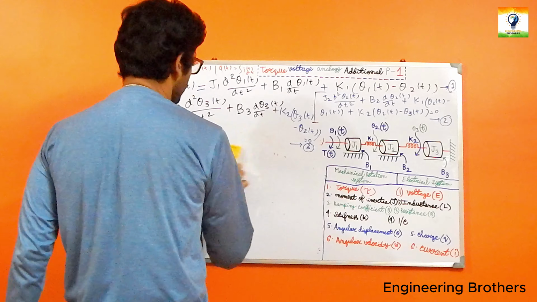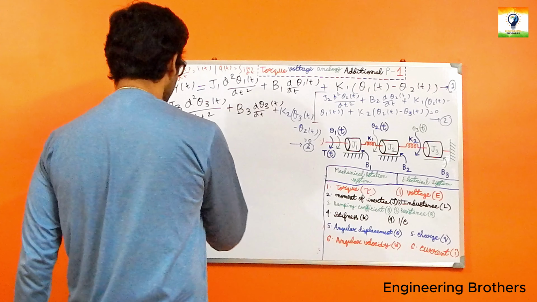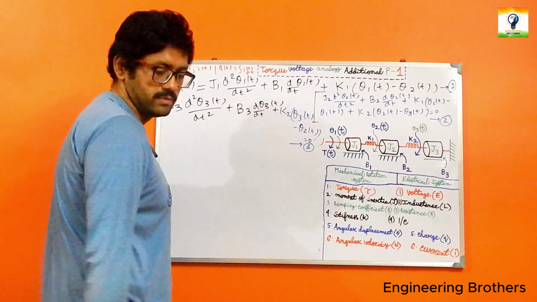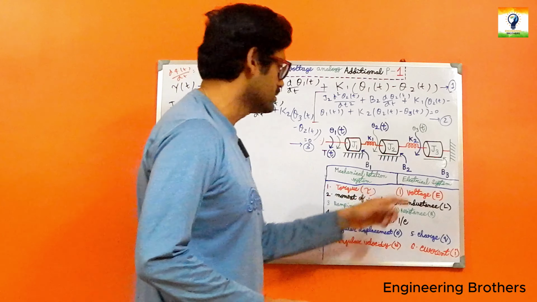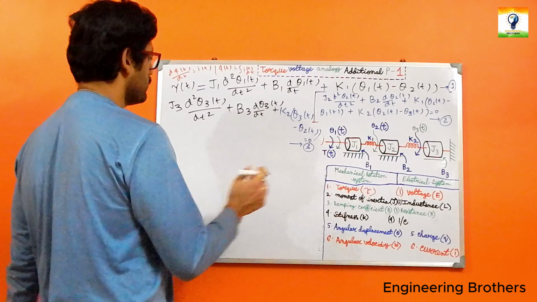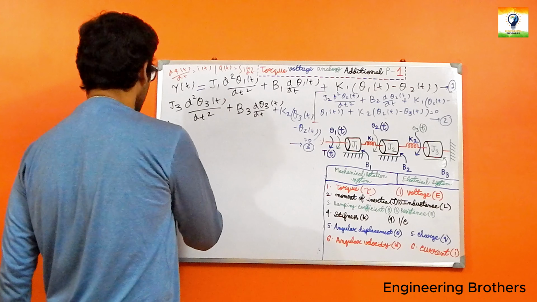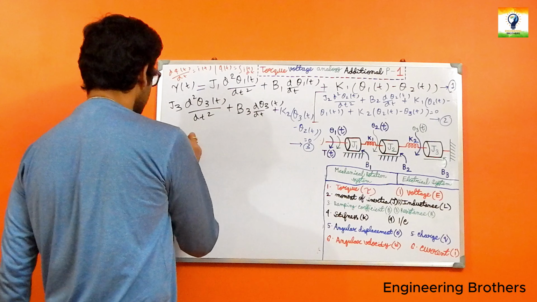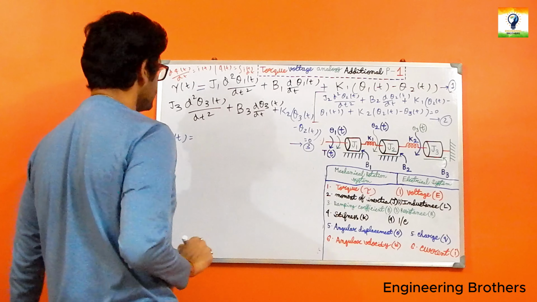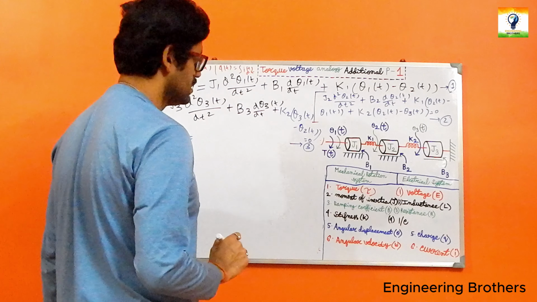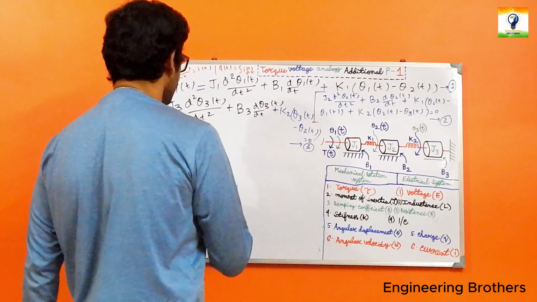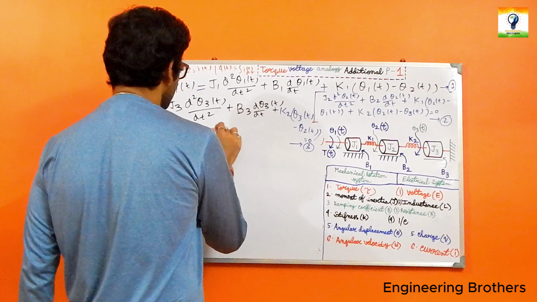Just go for our first equation. The torque is equivalent with our voltage e(t). So in place of the torque, I am going to use e(t), that is our voltage. The J1 is analogous with our inductance L1, so this one is our L1.